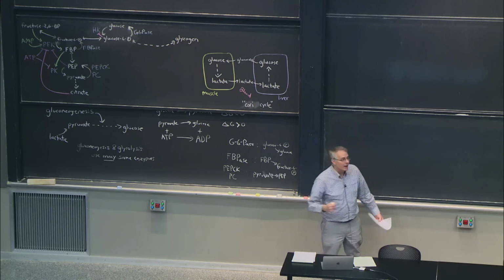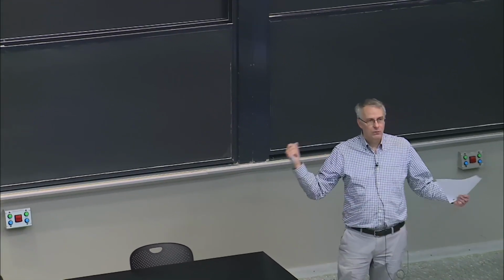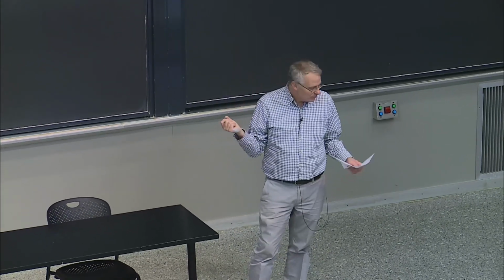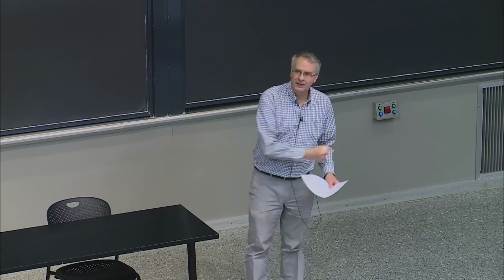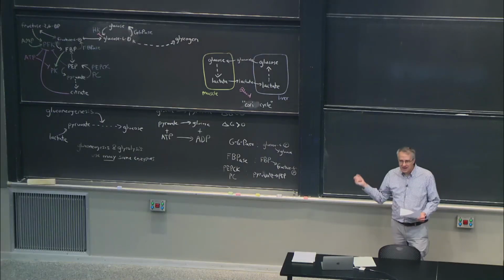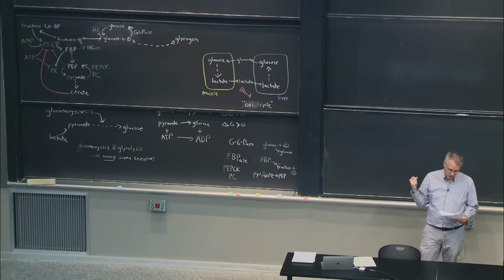I just want to point out that you're only doing gluconeogenesis if cells have plenty of energy. What does plenty of energy mean? Well, that means the ATP-ADP ratio is high because you're doing lots of catabolism. But if you're doing lots of catabolism and the ATP-ADP ratio is high, that also means the NADH-NAD+ ratio is high.